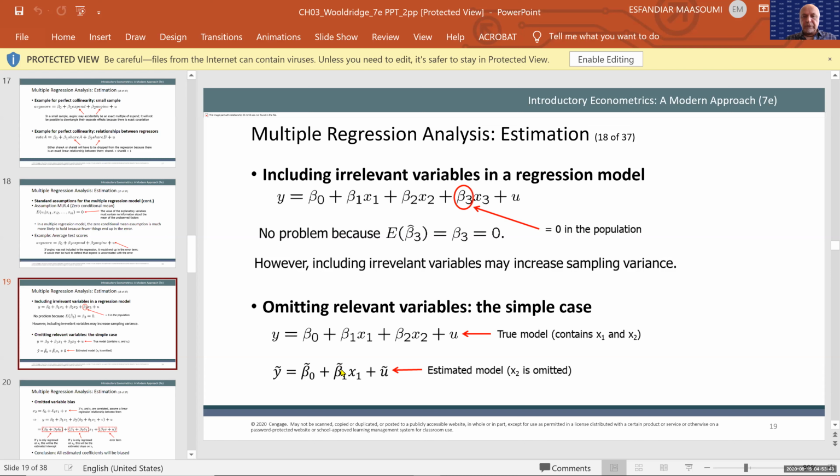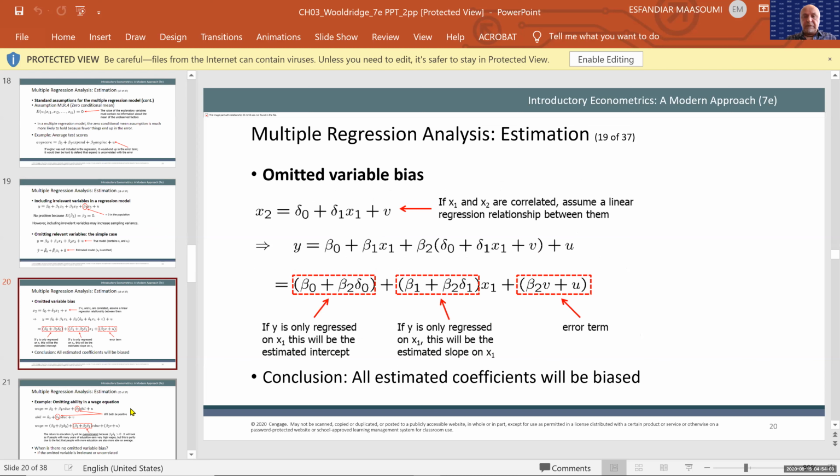I don't like the use of beta 0 and beta 1 here. I prefer different coefficients because there are different coefficients. But suppose you do this, then you want to see what cost you pay by omitted variable.